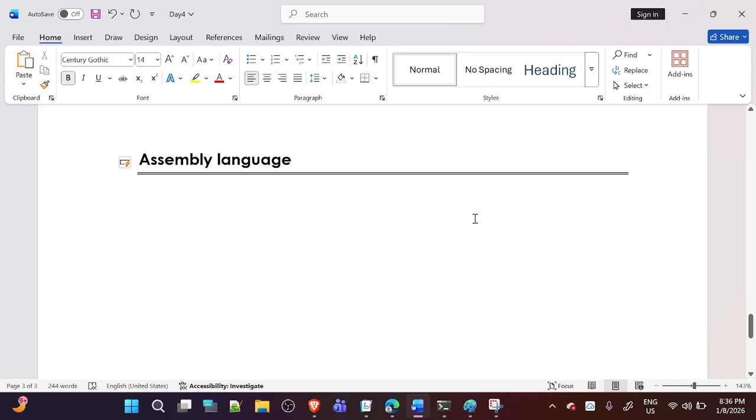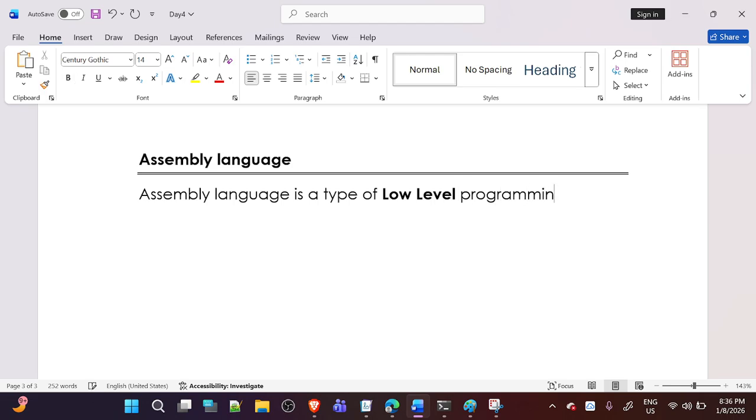So assembly language is a type of low level programming language.